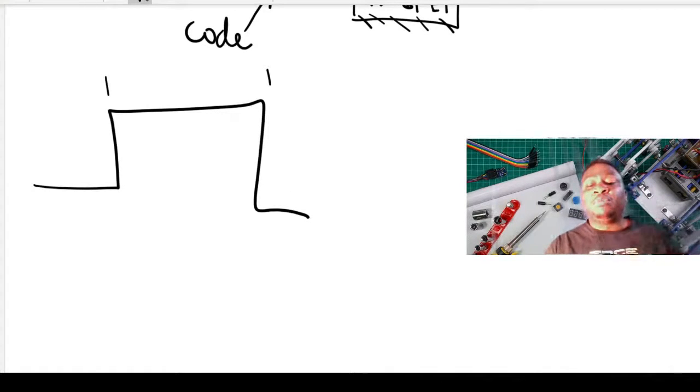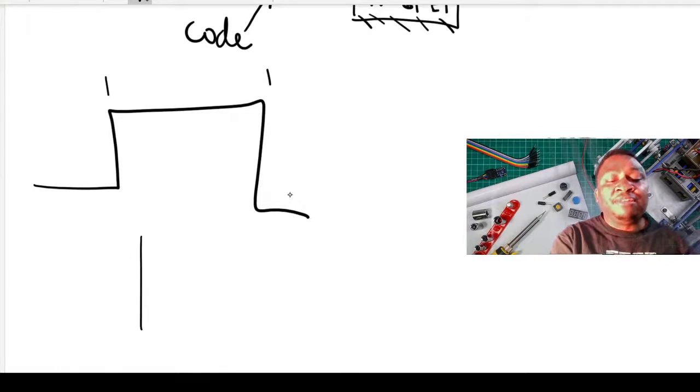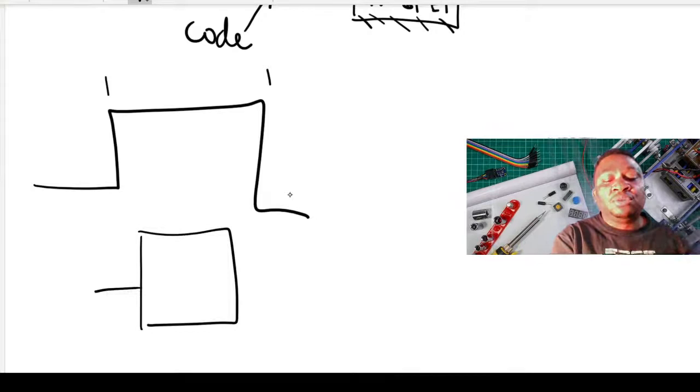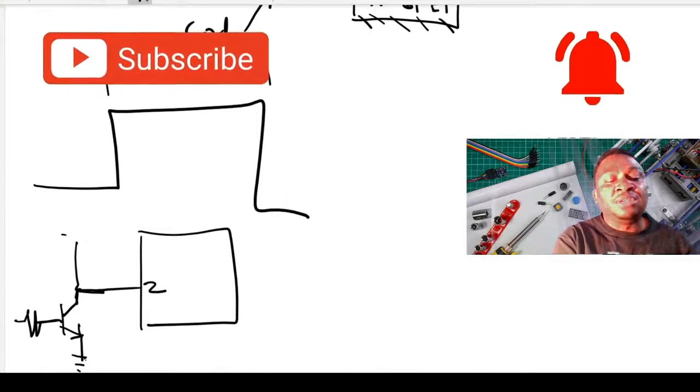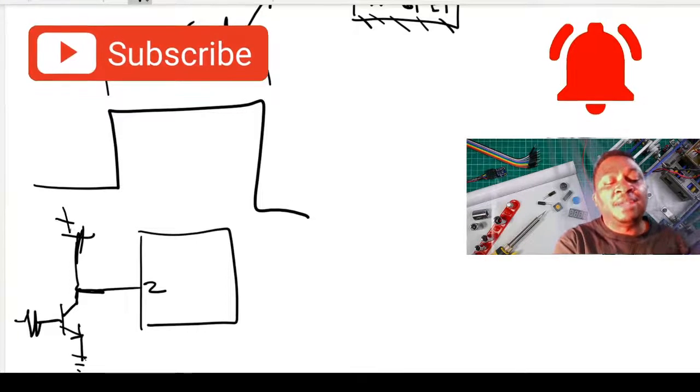So we use a monostable multivibrator. We have a 555 timer. Pin 2 is connected, I think through a transistor, to ground, and the signal coming from the flip-flops connects to the base of the transistor, and this one goes to the positive supply.